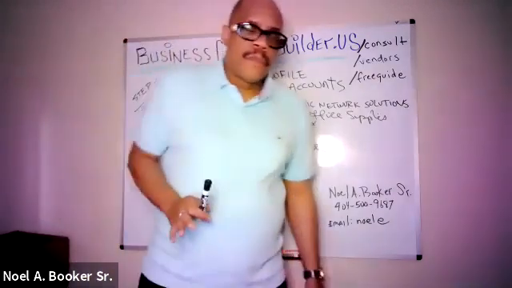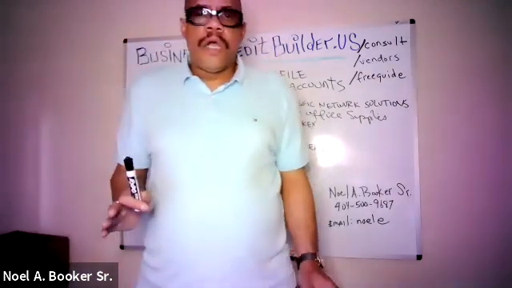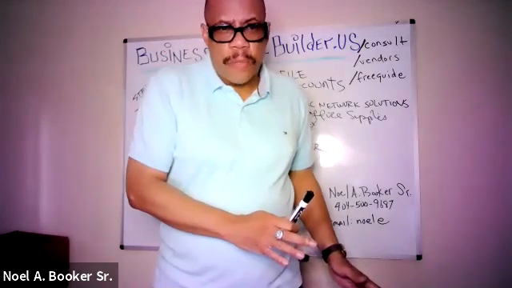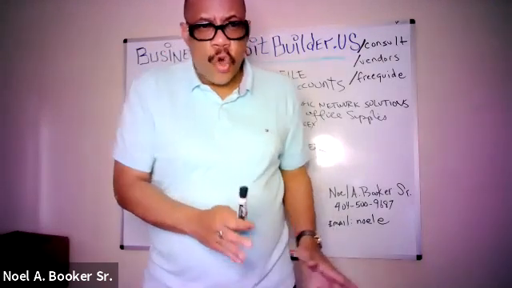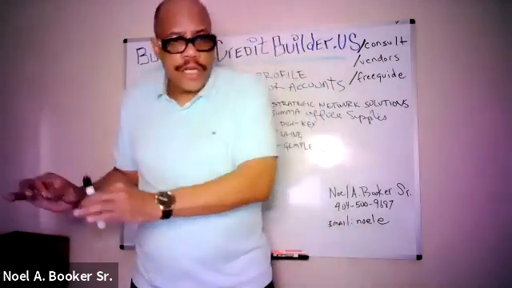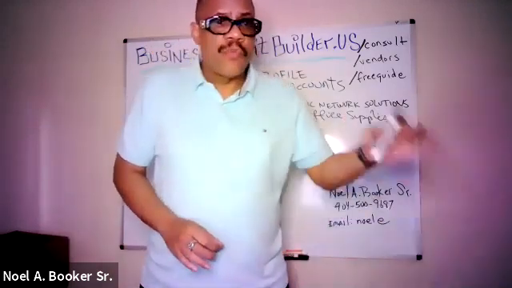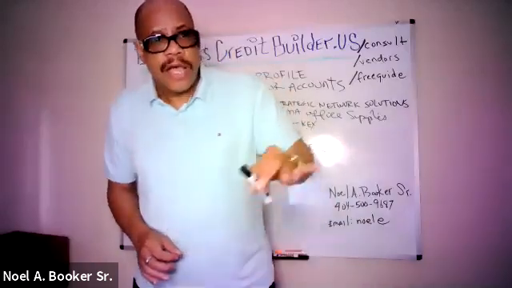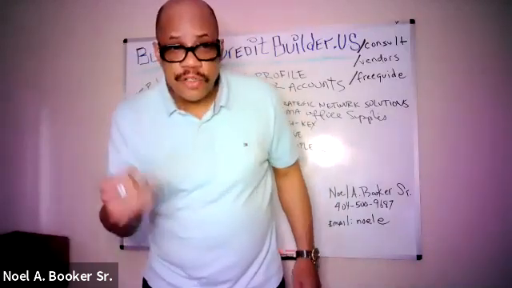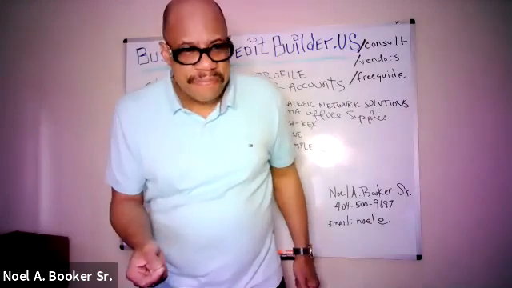Now, at Dun & Bradstreet, they have what they call the PAYDEX score, which is the score that creditors look at to determine your creditworthiness. Dun & Bradstreet will not give you a PAYDEX score unless 3 vendors have reported.